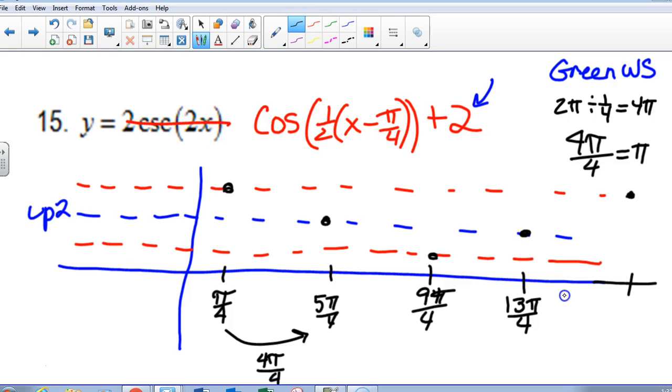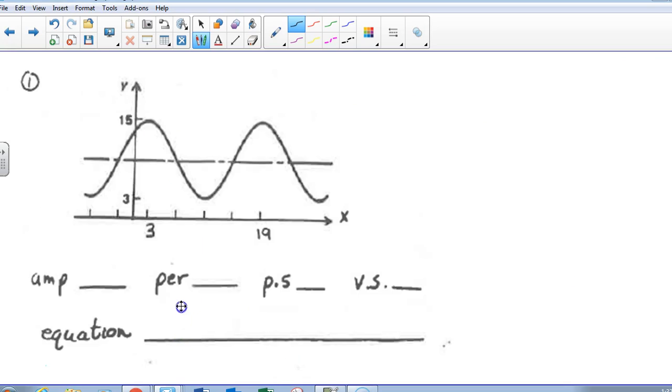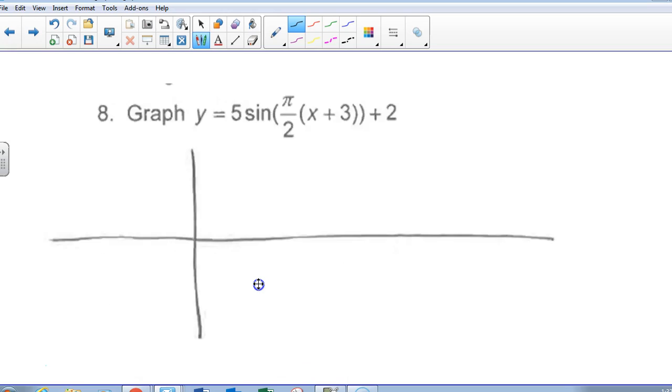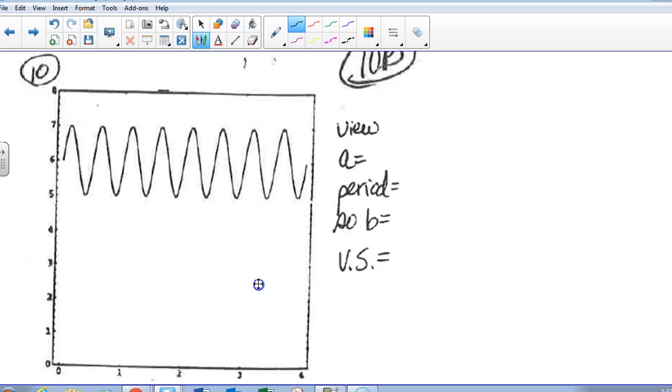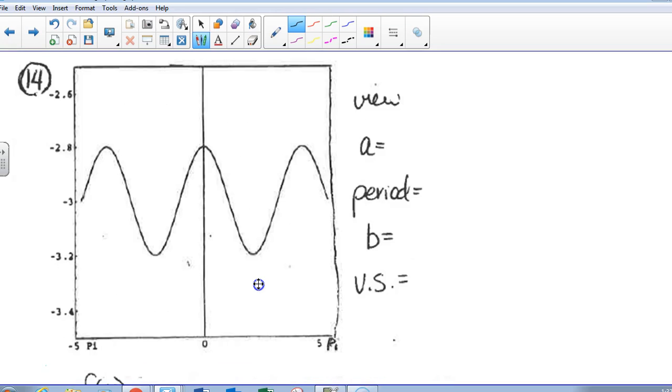Yes. Did anybody have a question on worksheet 10? Did we do this yesterday? Did we talk about how to figure out a period for number 10 or number 14? Okay.